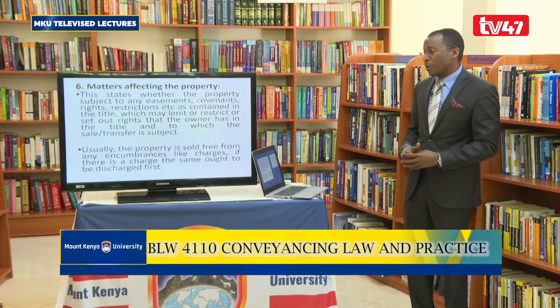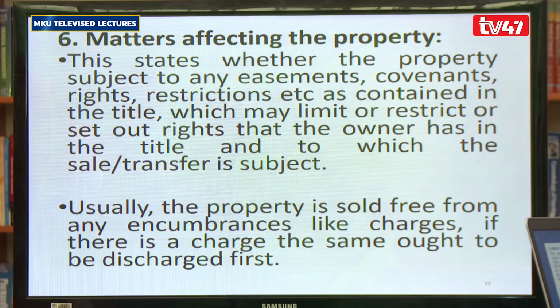More often than not, the property will usually be sold free of charge. In other words, it will not be a subject of any encumbrance. But it is also possible that such a property is a subject of charge. And yes, a conveyancing process can be done successfully even when the property is a subject of charge, provided that the parties have disclosed and have been able to agree on how that aspect of charge will be taken care of.